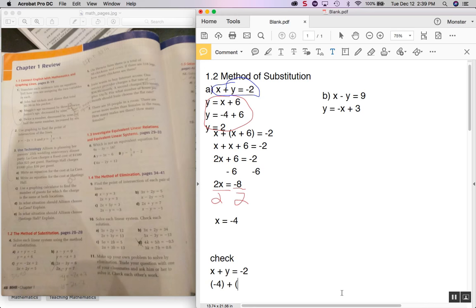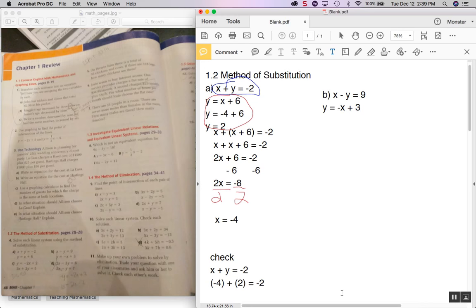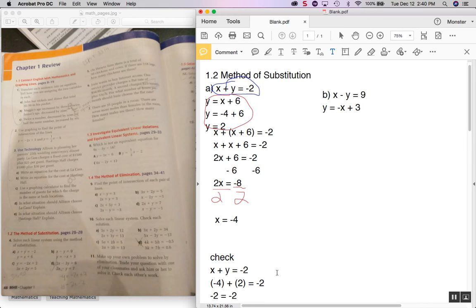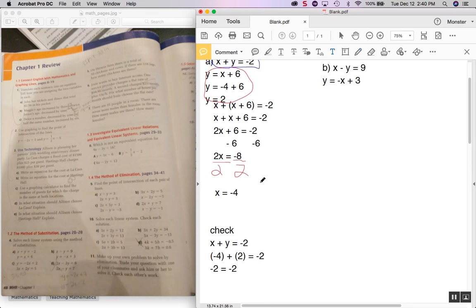Now y was going to be 2. That's supposed to equal -2. Now just look at it: -4 plus 2, what's that? That's -2. So -2 equals -2, and we have a nice little check.